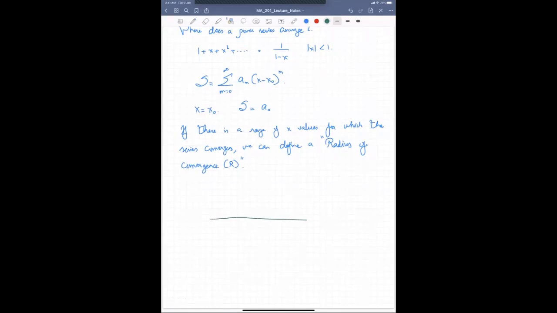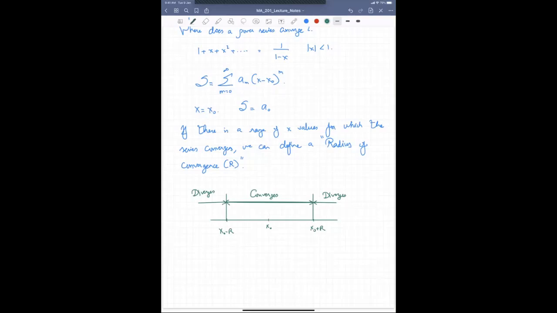Suppose this is all my x values, and this is my x0, and let us say this is x0 plus R and this is x0 minus R. Then what I'm claiming is that in this range, the series converges, and beyond this point, here and here, the series diverges.